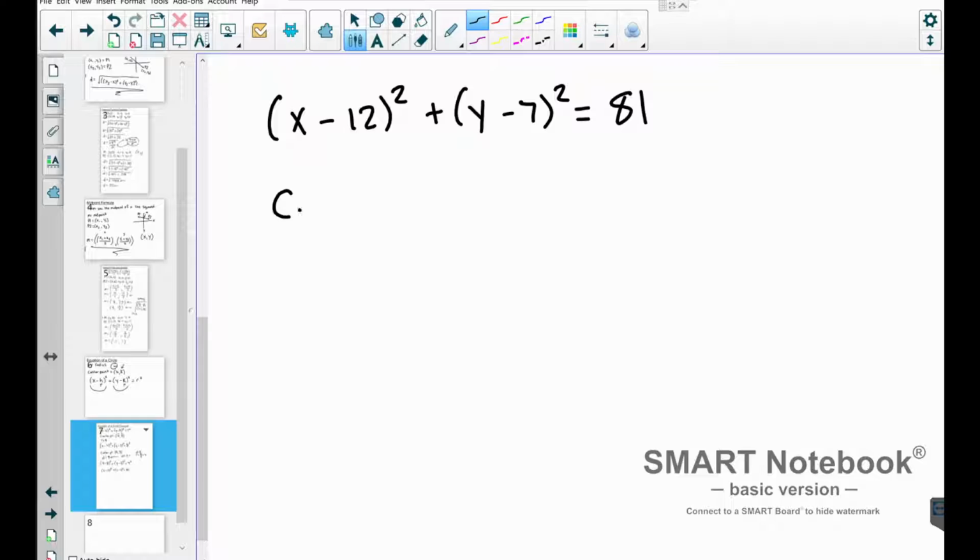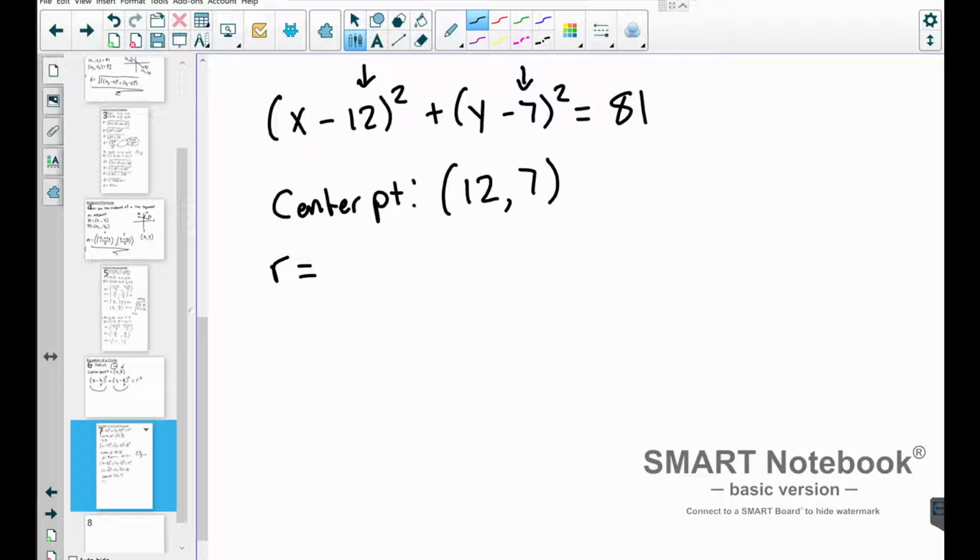We want to get our center point, and we want to get our radius. So if we remember, our center point coordinates are those here and here. They're just subtracted from our x and our y values. So our center point in this case, our h value would be 12, and our k value would be 7.